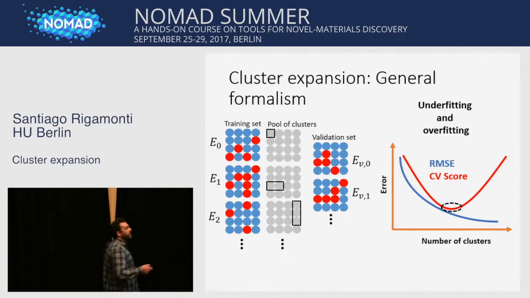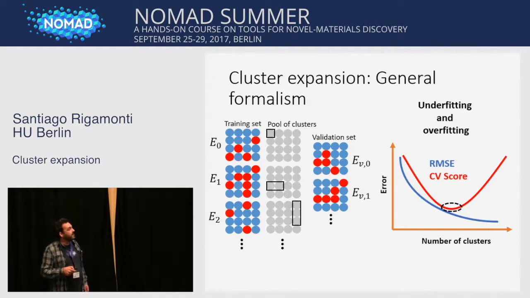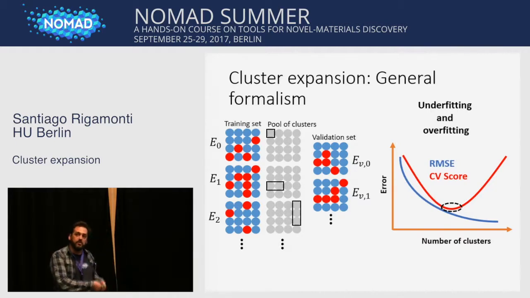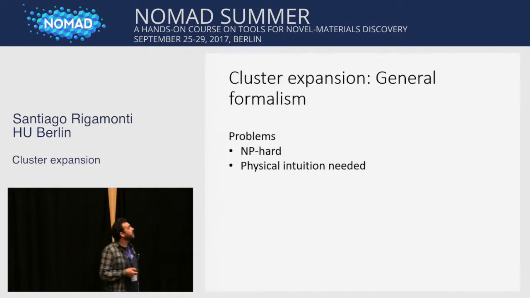However, at a certain point, the cross-validation will start to increase again, and this is the overfitting. And there is a point when we reach a minimum, this you will see in the tutorial, that gives us what is the optimal set of clusters. So we usually use this technique when using L2 penalization to select the clusters that are good for our model.